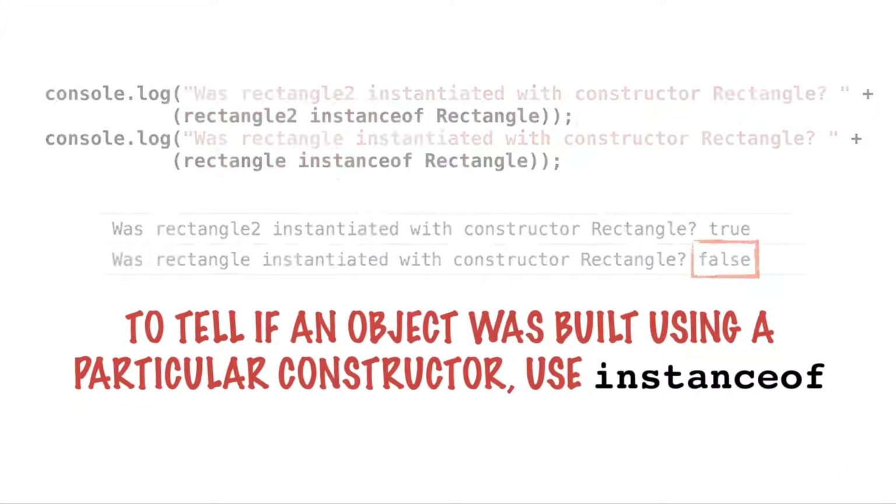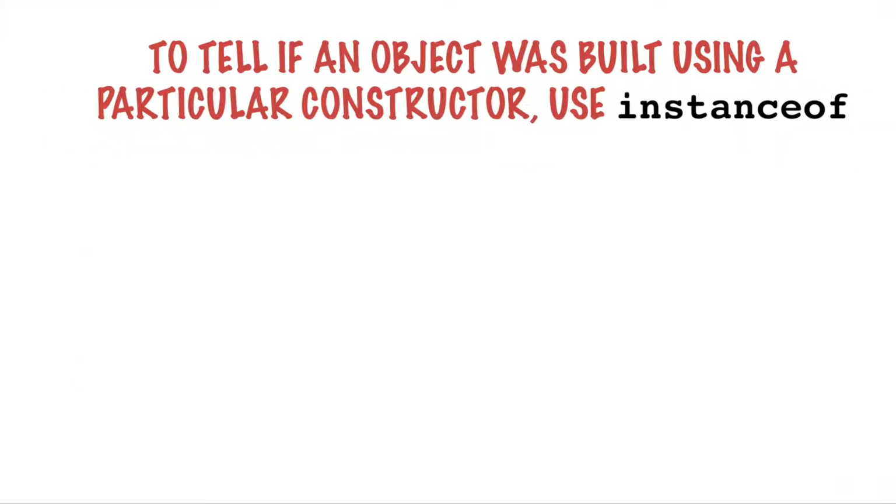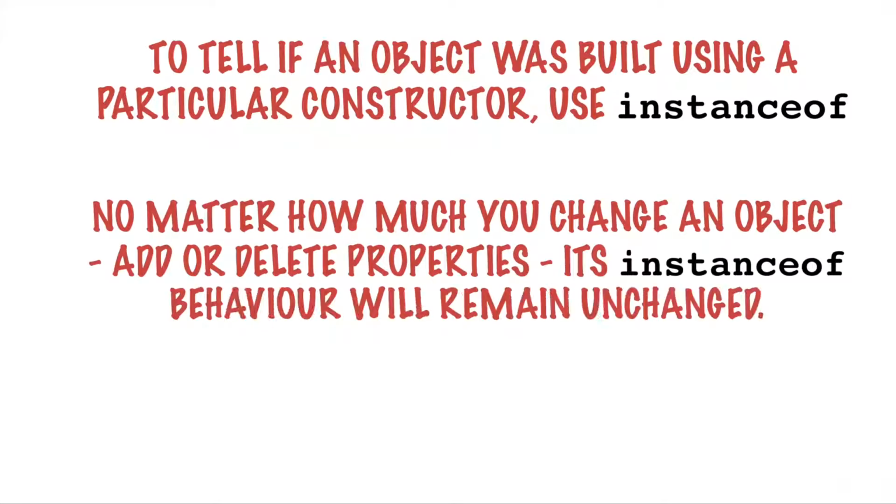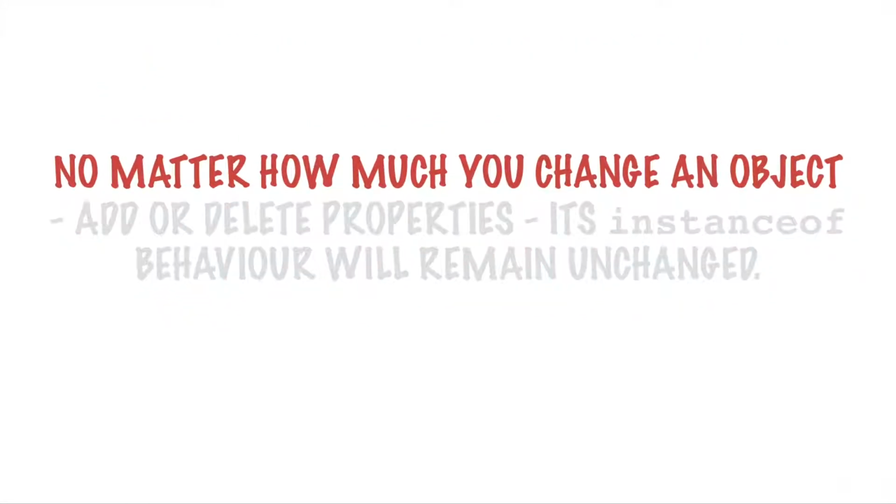The use of the operator instanceof is very easy indeed, but there are some subtleties that you need to watch out for. No matter how much you change an object after it has been constructed, whether you add or delete properties, its instanceof behavior will remain unchanged. So let's say you have this rectangle, you constructed it using the object constructor for Rectangle, and then you added a whole bunch of properties.